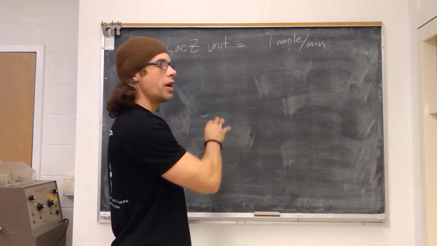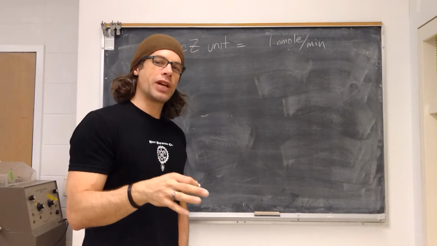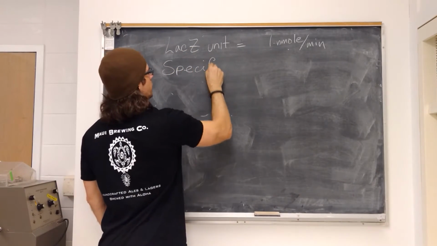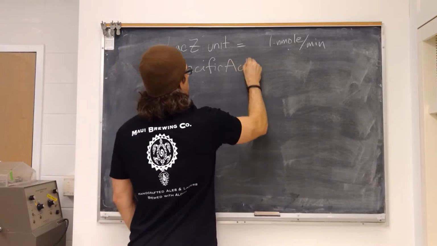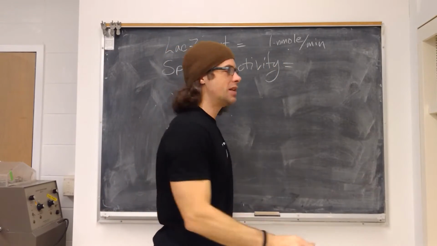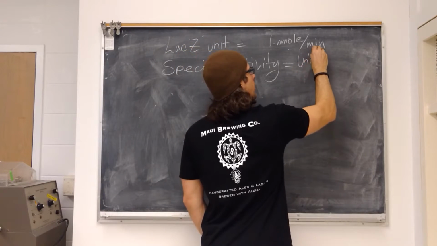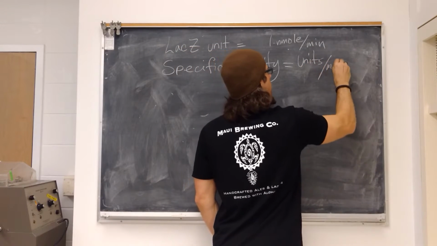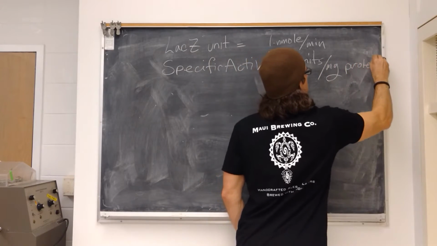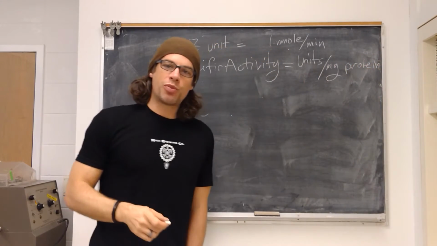From here, from units, we're going to talk about the idea of specific activity. Very straightforward. All this is units per milligram of protein.